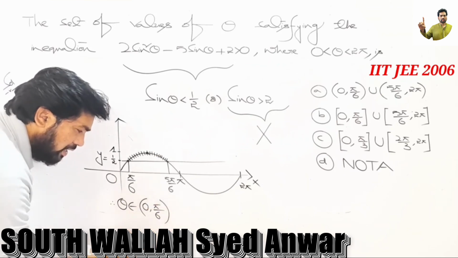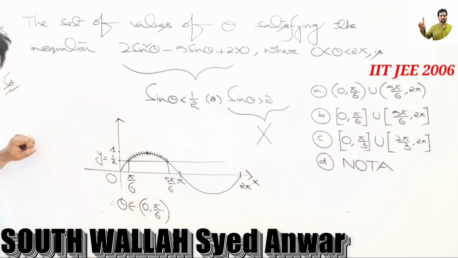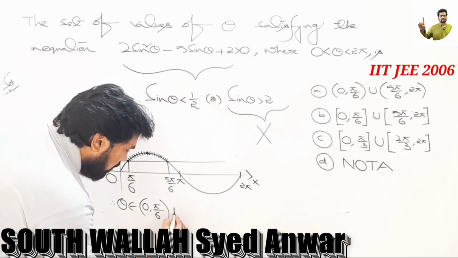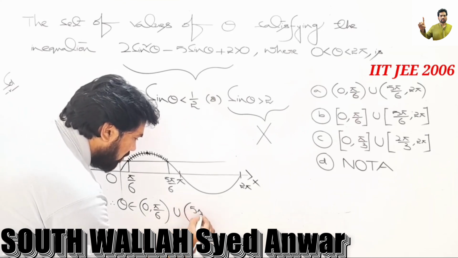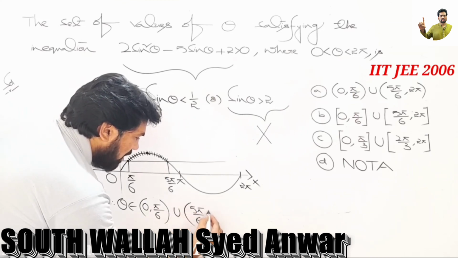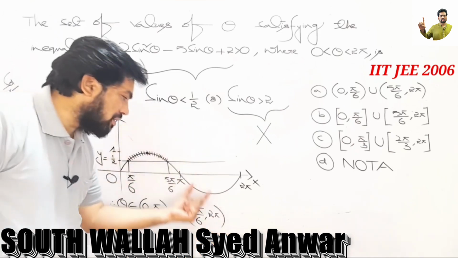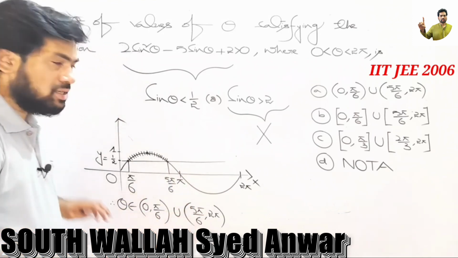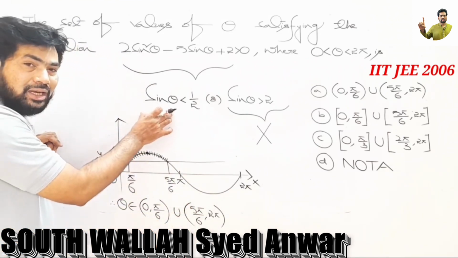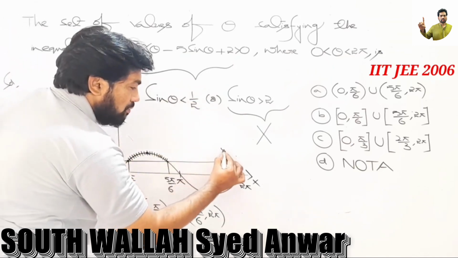You can see clearly in this interval sine theta is less than 1 by 2. Union open interval 5 pi by 6 comma 2 pi. In this interval also you can see clearly sine theta is less than 1 by 2. So in this interval the graph of sine theta is lying below the line y is equal to 1 by 2.